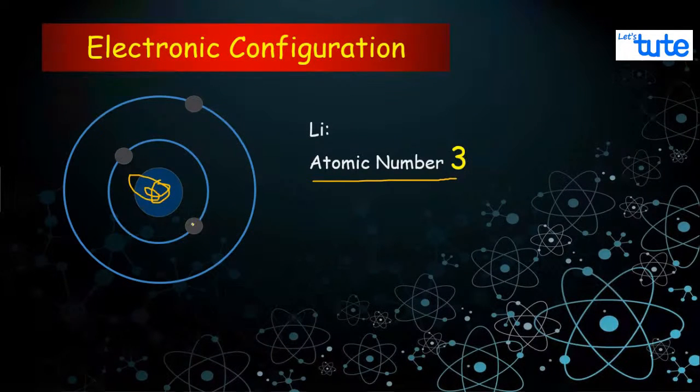You can have 2 electrons in your first orbit, as only 2 electrons are allowed there. And then the third electron, since the number is 3. According to the atomic number, you can decide how many electrons you can have. So 3 electrons will be placed in this manner: 2 in the first shell, and 1 electron will go in the outer shell, the second shell.